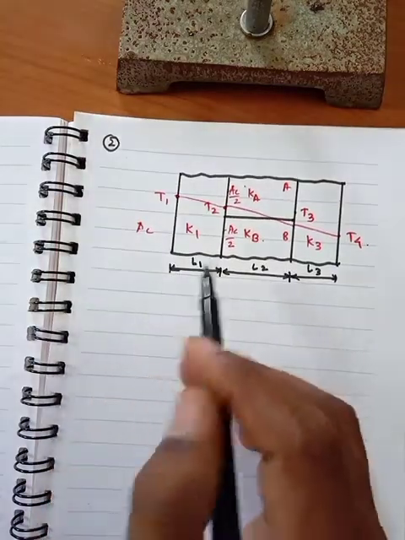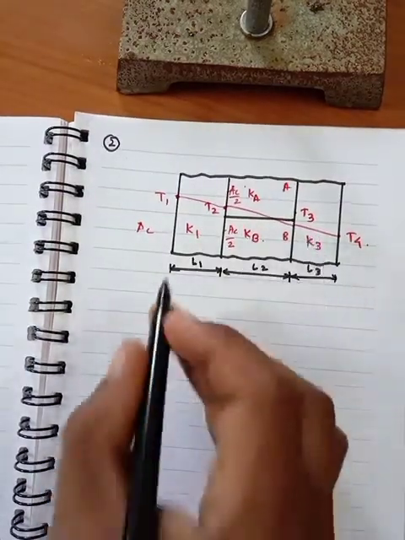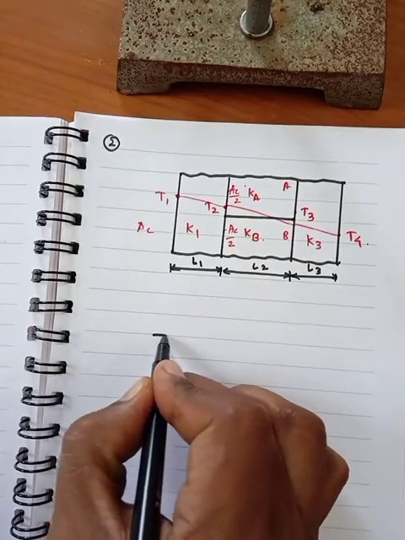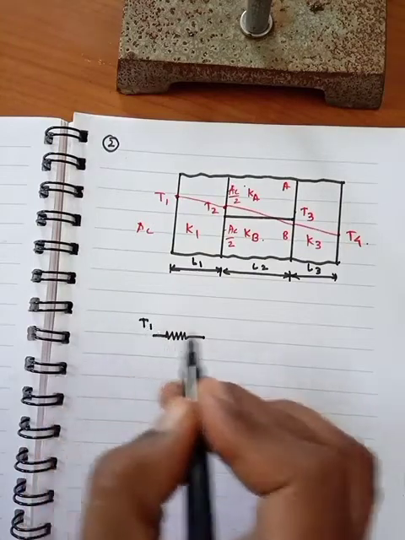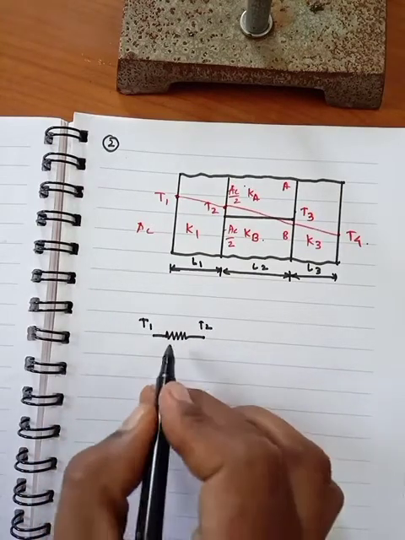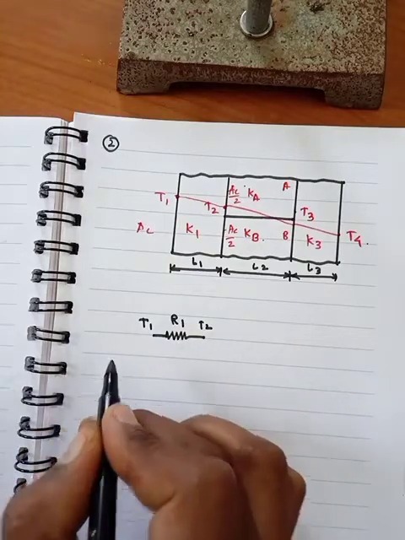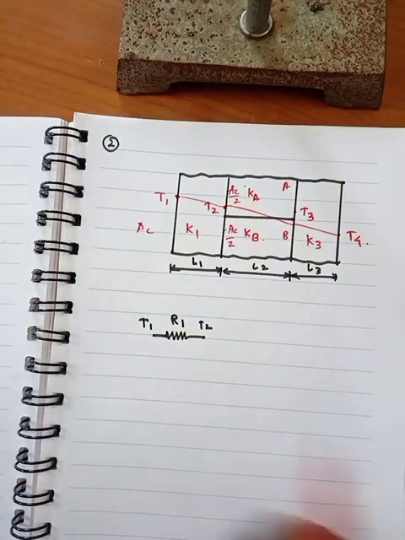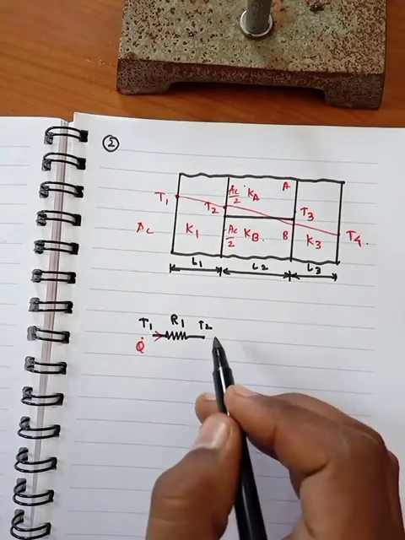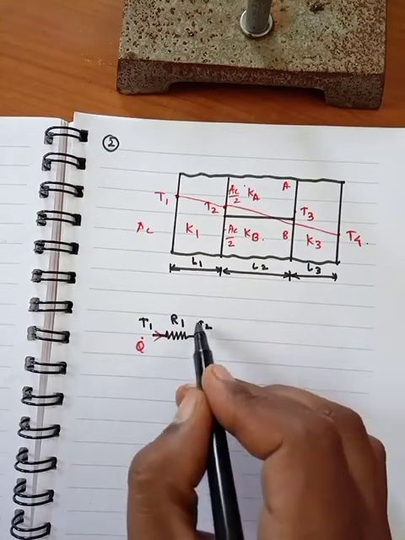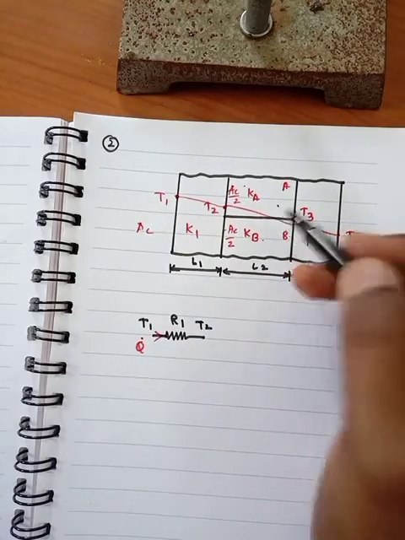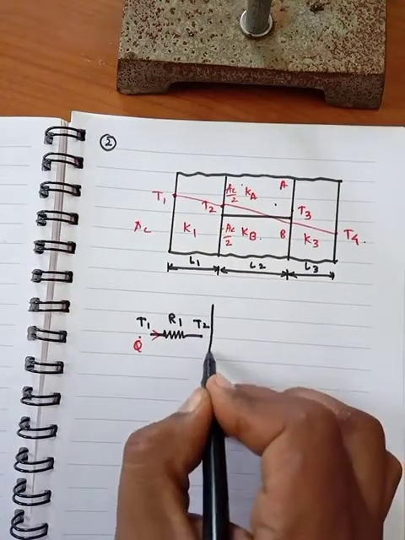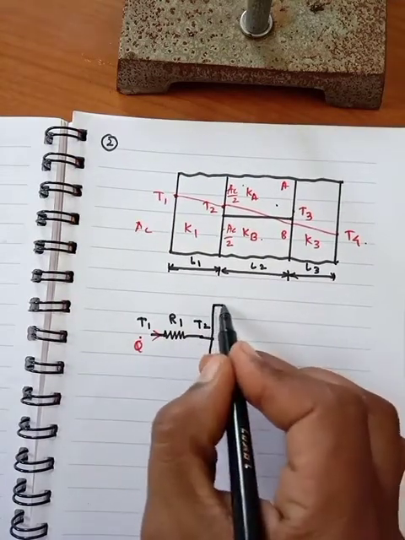So here, if you consider, there are three layers. First we have the first resistance, by conduction. The temperature is T1 to T2, and this resistance is R1, and the heat transfer is constant through that wall. Now about the second layer. The second layer is divided into two parts, and you will see these two layers are in parallel.